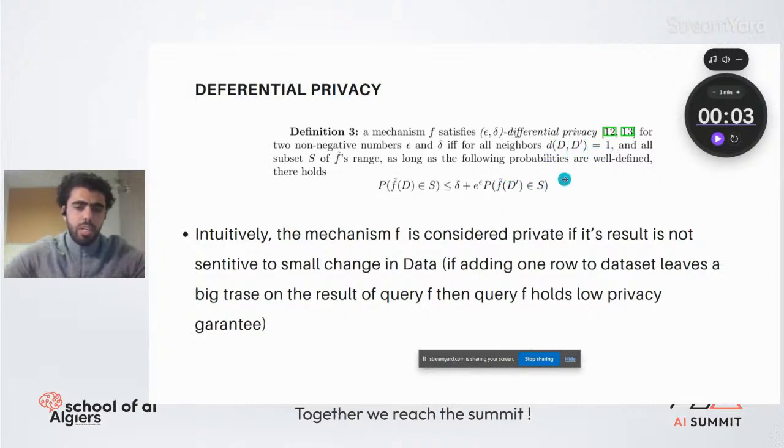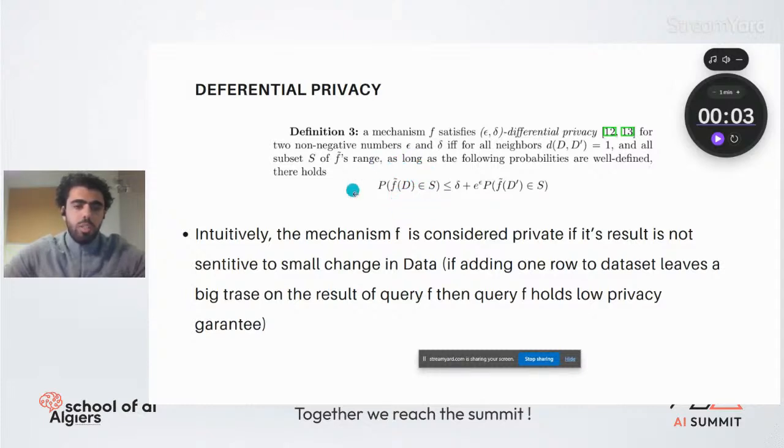A distance of 1 means that D prime is one more individual or one less individual than D. So we say that the probability that the answer of the mechanism F on D prime equals S, and this is the probability that the answer to the query F on D equals S.